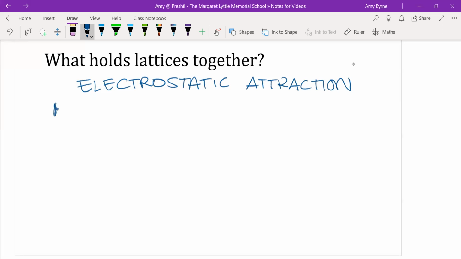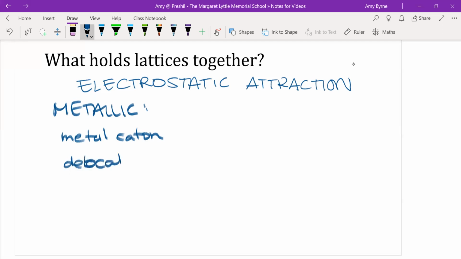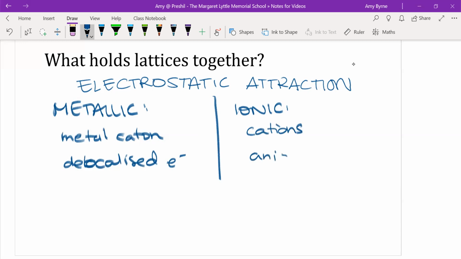So for metallic, it is the attraction between the metal cation and the delocalized electrons. And I'm going to specify delocalized. And in ionic, it is between cations and anions.